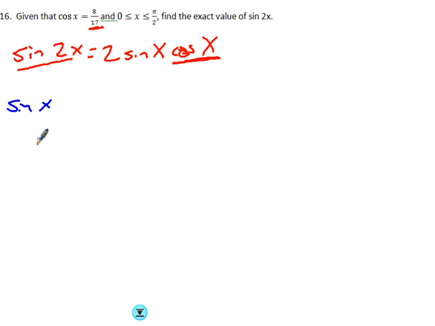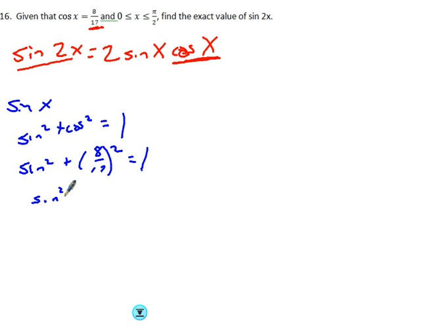You might remember your Pythagorean identity, which says that sine squared plus cosine squared equals that magic number 1. We have cosine, which is 8/17, so sine squared plus 8/17 squared equals 1. So sine squared plus 64 over 289 equals 1.